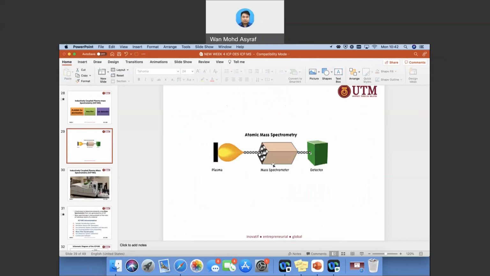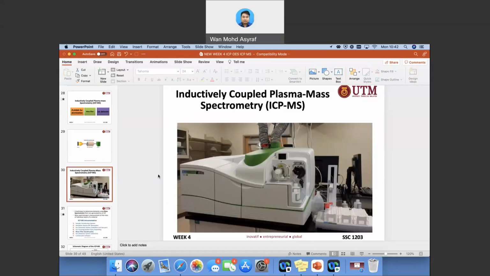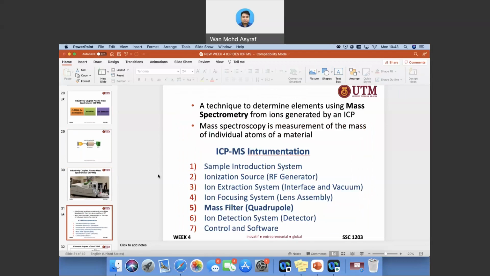All right, so this atomic mass spectrometry, as mentioned before, this is an example of an ICP-MS instrument. It's quite large actually, because you have the quadrupole mass filter and then the ion detector. ICP-MS is a technique to determine elements using mass spectrometry from the ions generated by the ICP. When you look into the atomization process, towards the end you have ionization, isn't it?